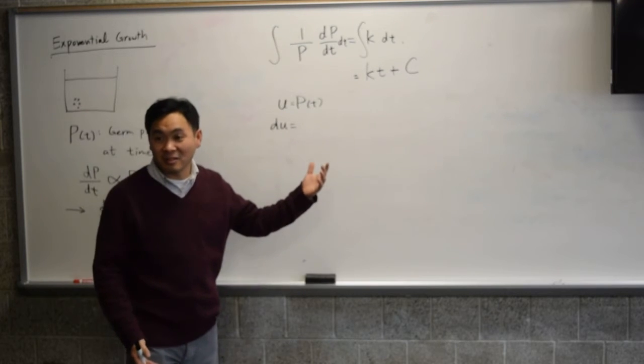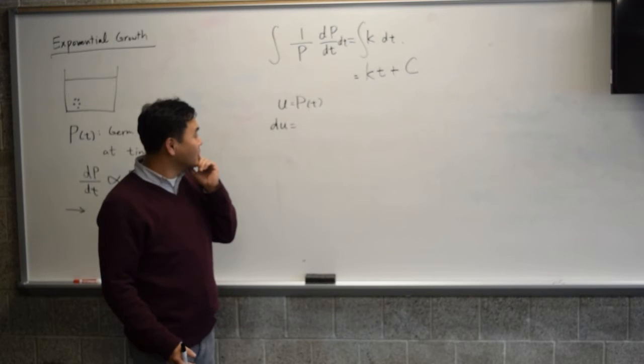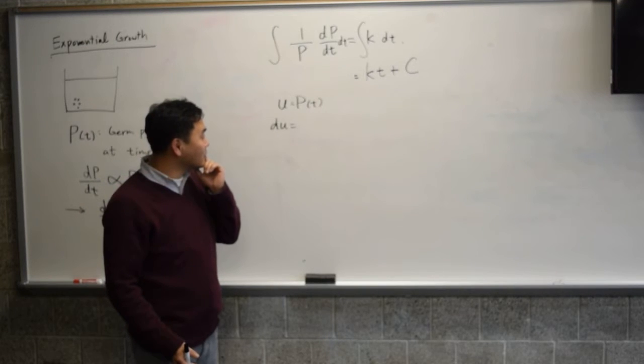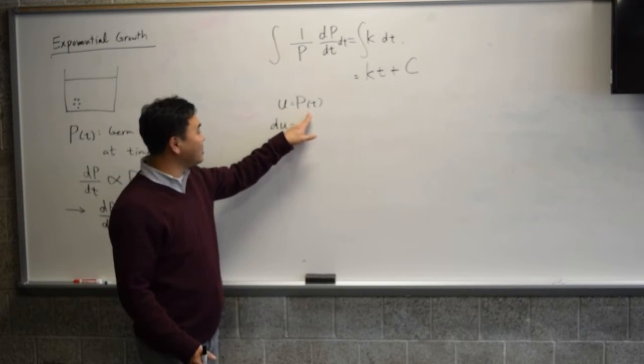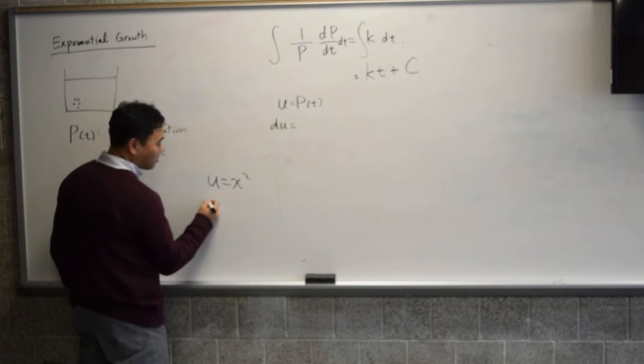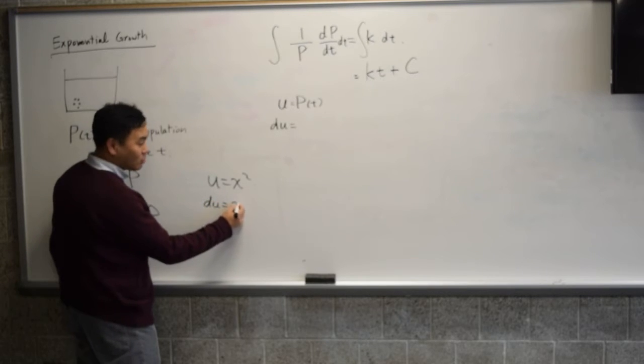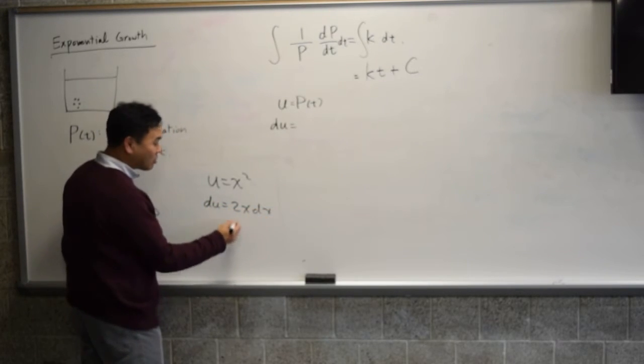What do you get? dp. I agree, it's dp, but usually when you have something like u equals x squared, du is 2x dx. Where did you get this 2x?